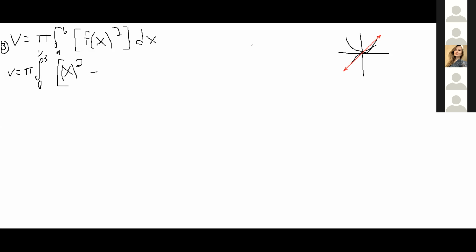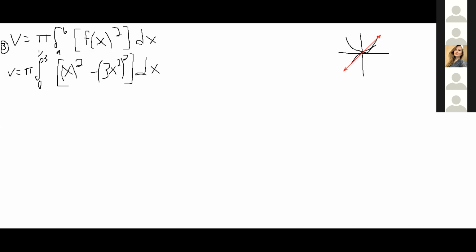Thank you. Which your second function is 3x squared, and then you square each one individually. dx. So now that you have your integral set up, you just solve the integral.